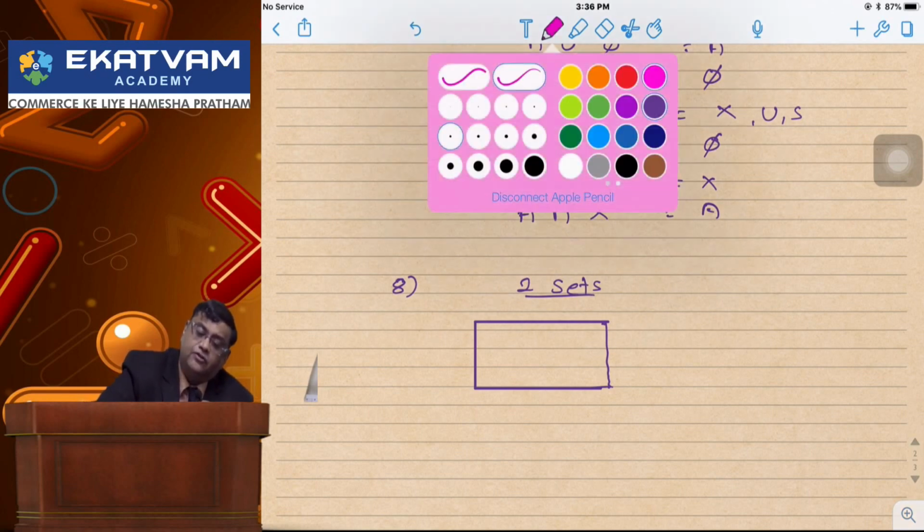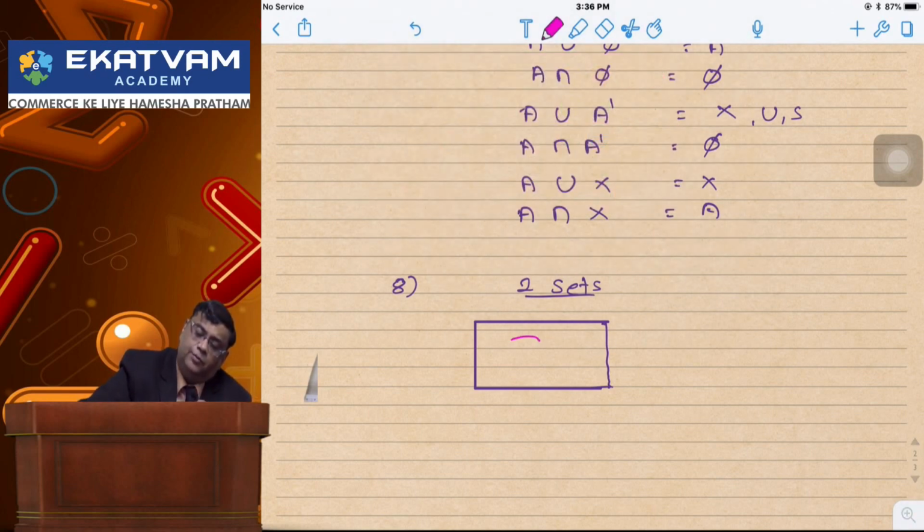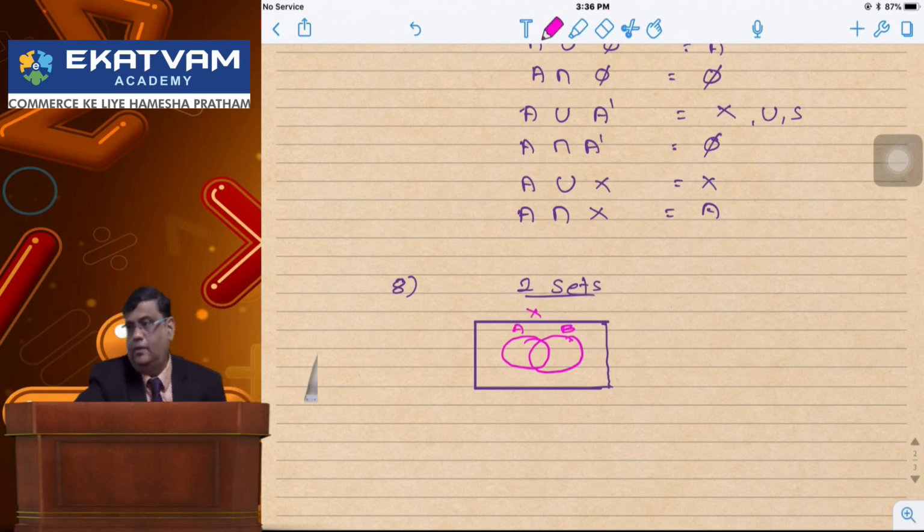Embedded in that is, suppose, the set A and suppose the set B. This is X. Now complete the diagram. Instead of solving the problem using the formula, it's always better to solve the problem using completion of the diagram.